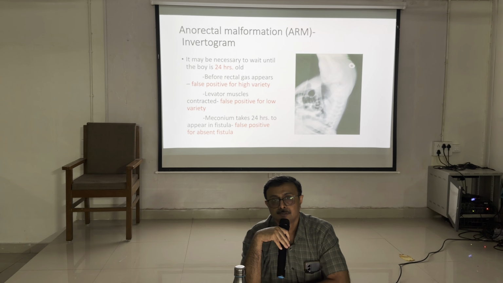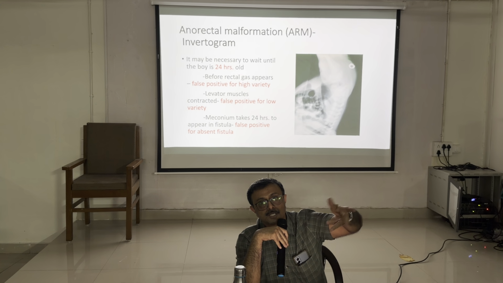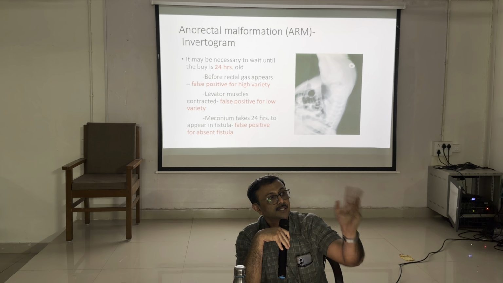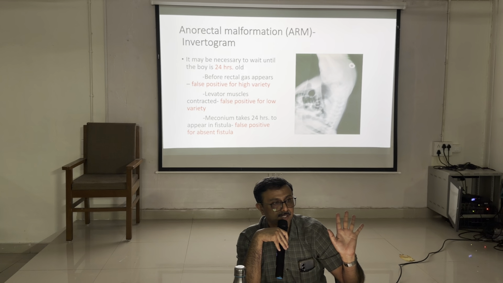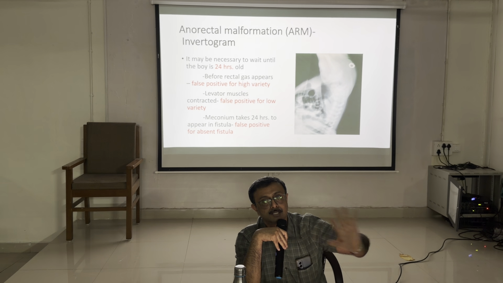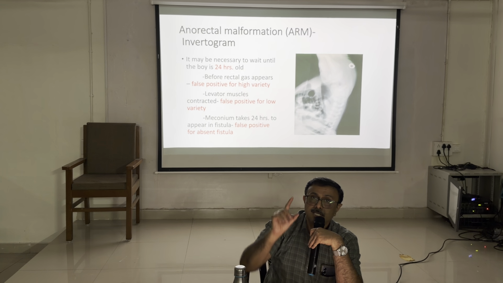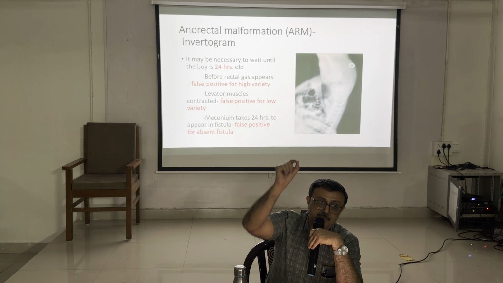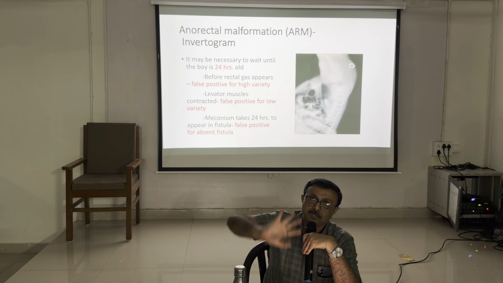So after 24 hours, invertogram is nothing but the patient is inverted and only X-ray is done. It is a plain X-ray, not with contrast. The patient is inverted, X-ray is done, and we see the uppermost level of the gas shadow, because gas goes up.